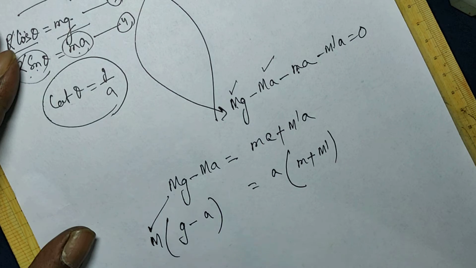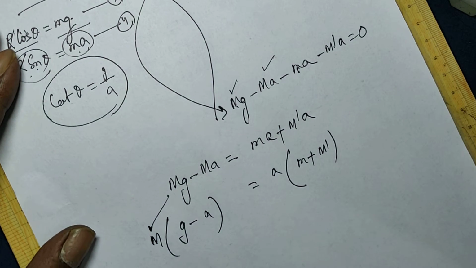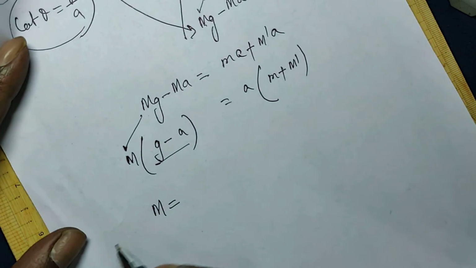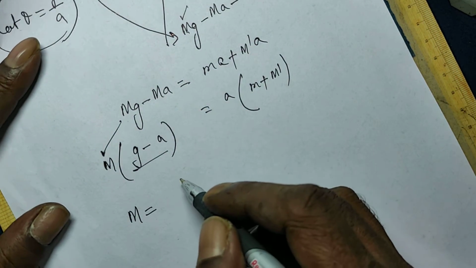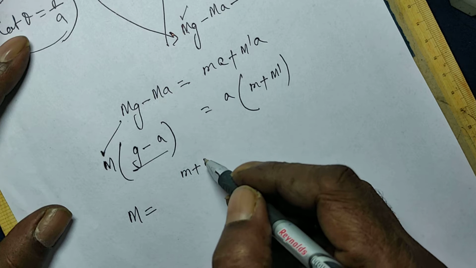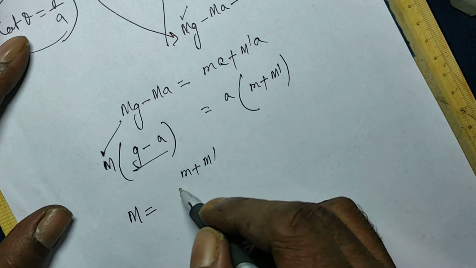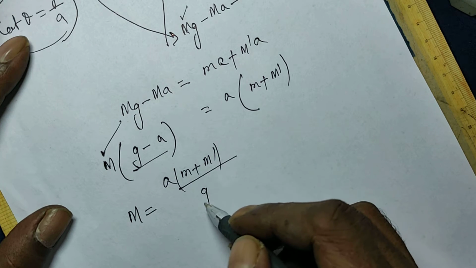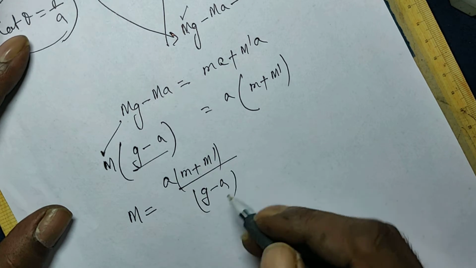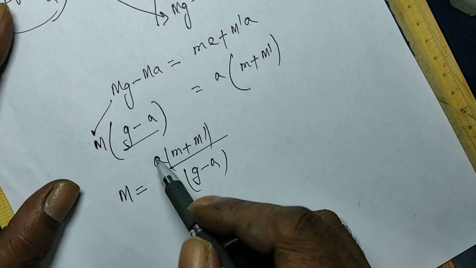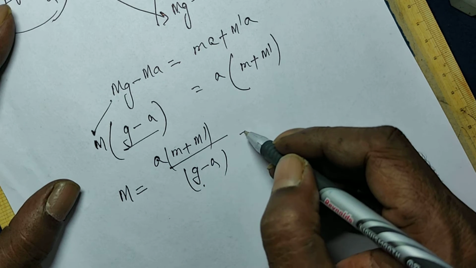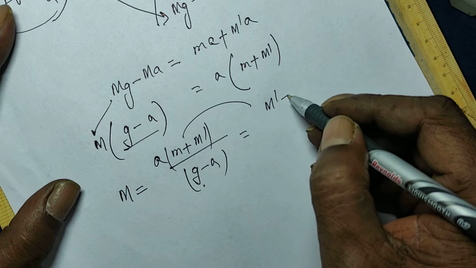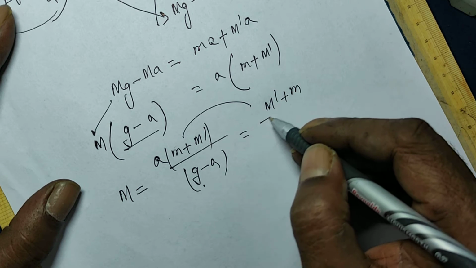Now I am interested to find m. So g minus a is multiplied here, goes to the other side, so it will be divided. Of course your a is here, this goes to this side, g minus a. Now if I bring this a to the denominator, so let me rewrite it like this, m dash plus m, looks good.